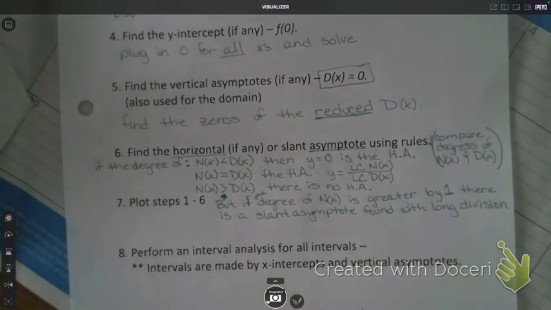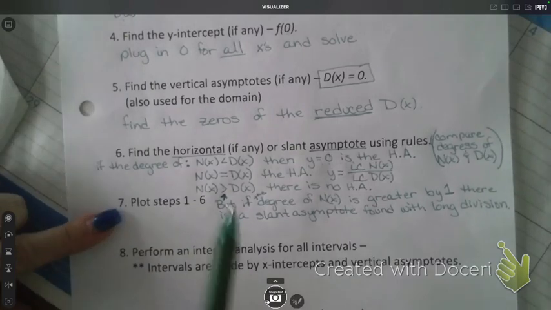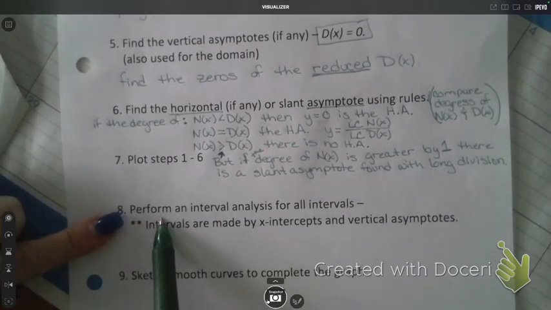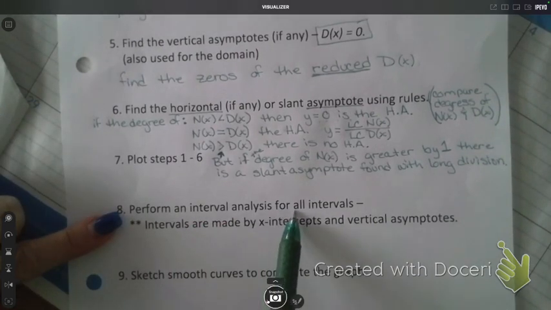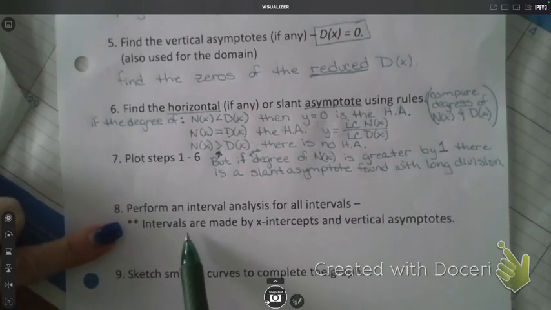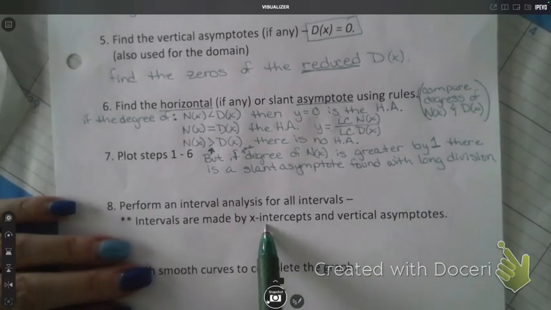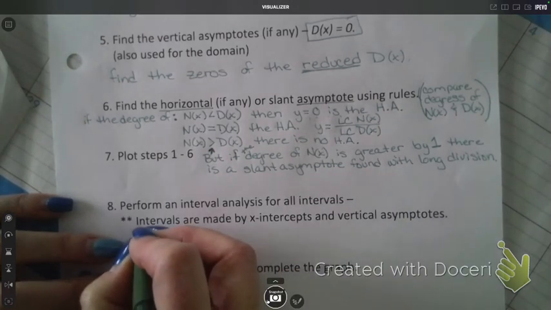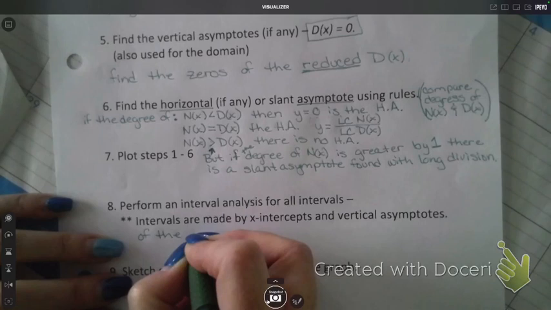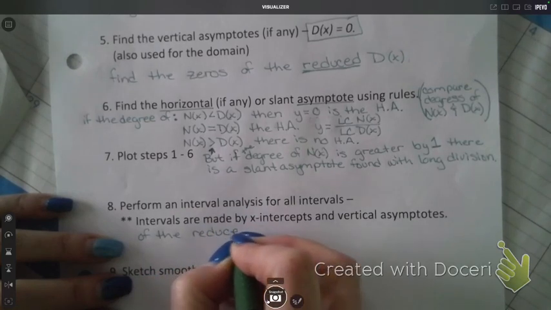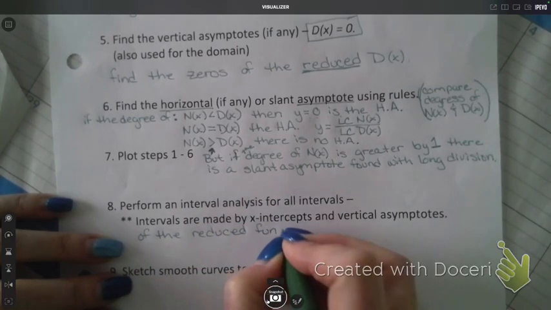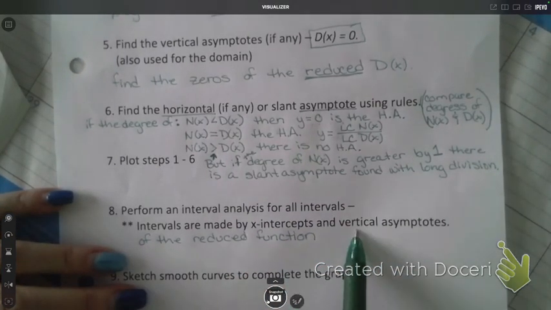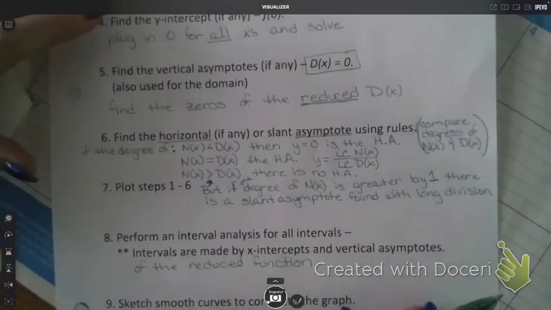So after we do step 1 through 6, we would plot those on your graph. We will perform an interval analysis of all the intervals. Intervals are made by x-intercepts and vertical asymptotes of the reduced function. Because both x-intercepts and vertical asymptotes were of the reduced, correct?